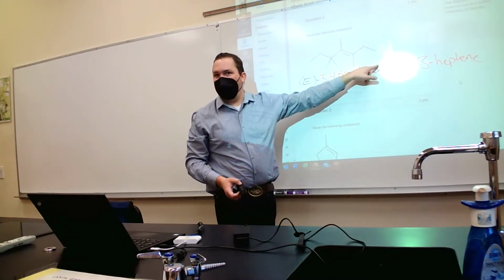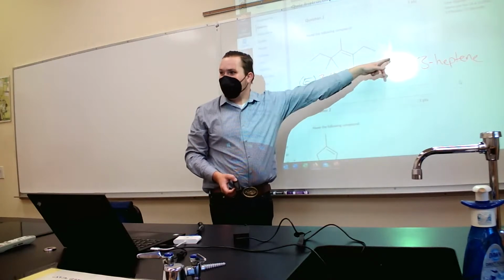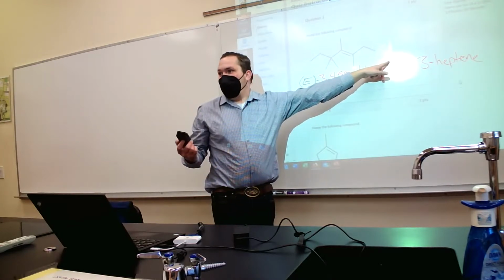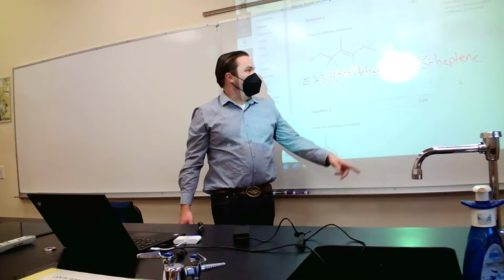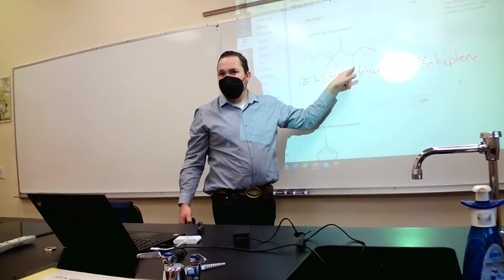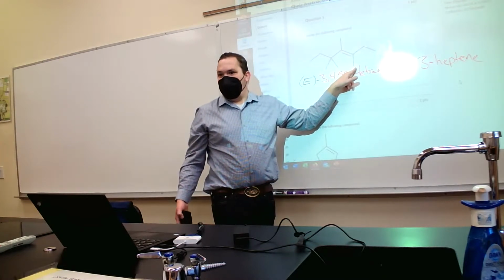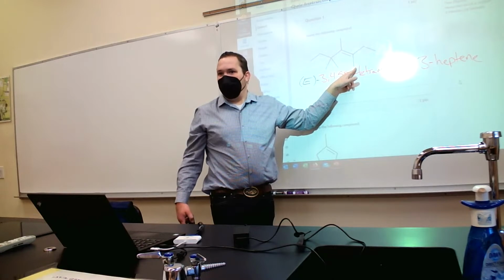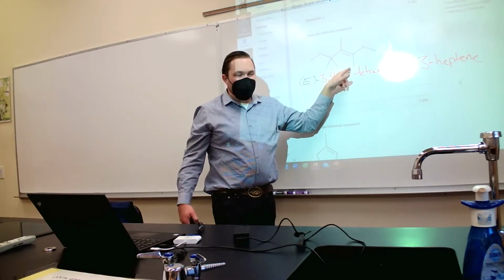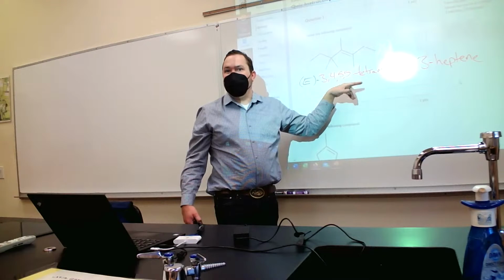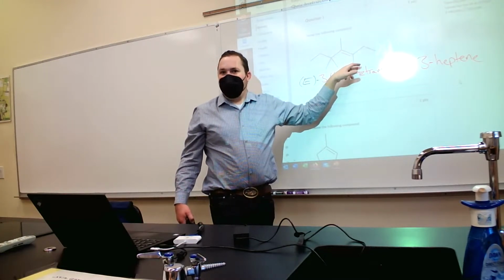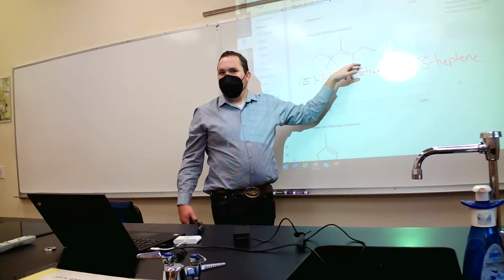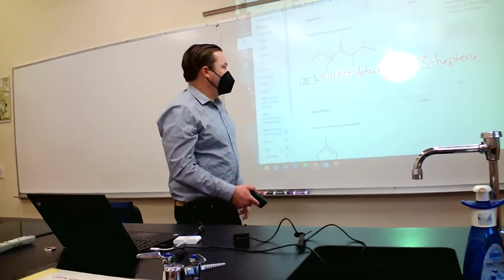As soon as one of these 2 carbons has the same thing on both sides, then you can't assign priority, which also means if you flip them, there would be no difference, in which case there is no E or Z. If both of these were methyls, there would be no E or Z, because switching them is the exact same molecule. If both were ethyls, or both hydrogens, it doesn't matter what it is, if they're identical, then you don't have to specify E or Z. There is no stereoisomer in that case.